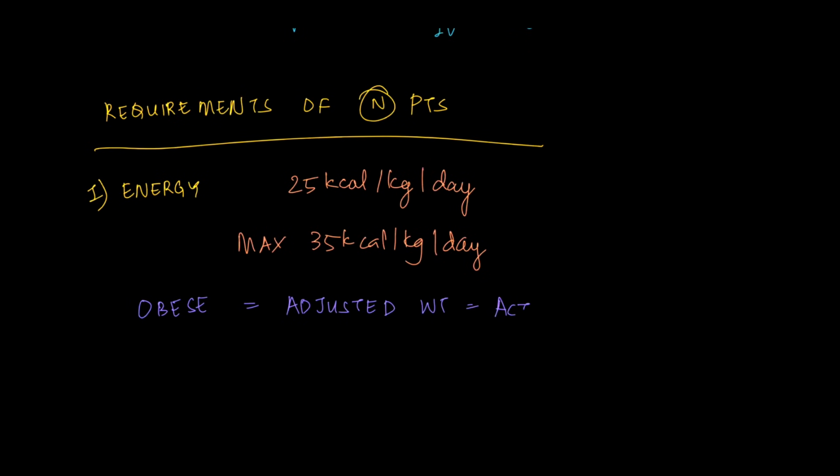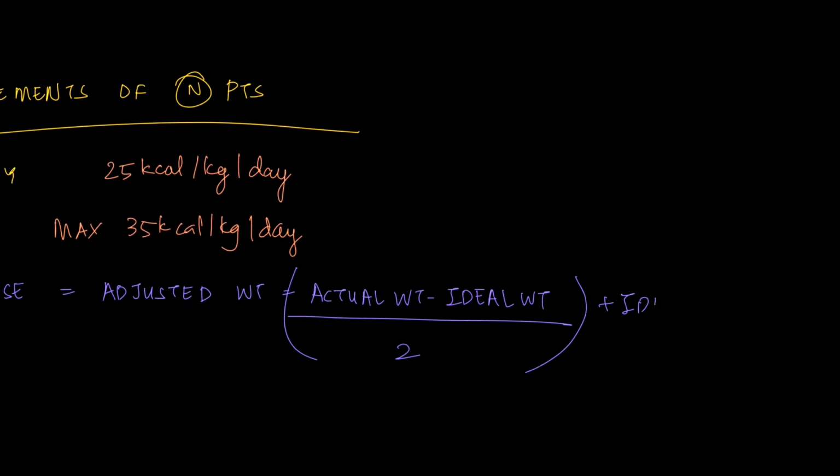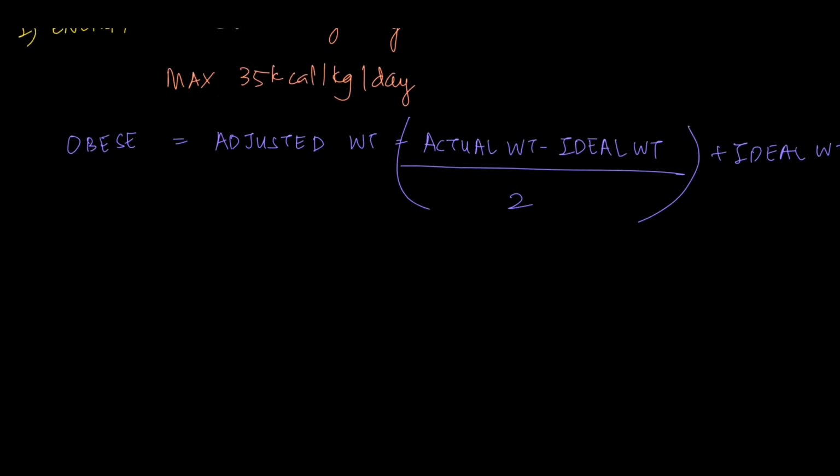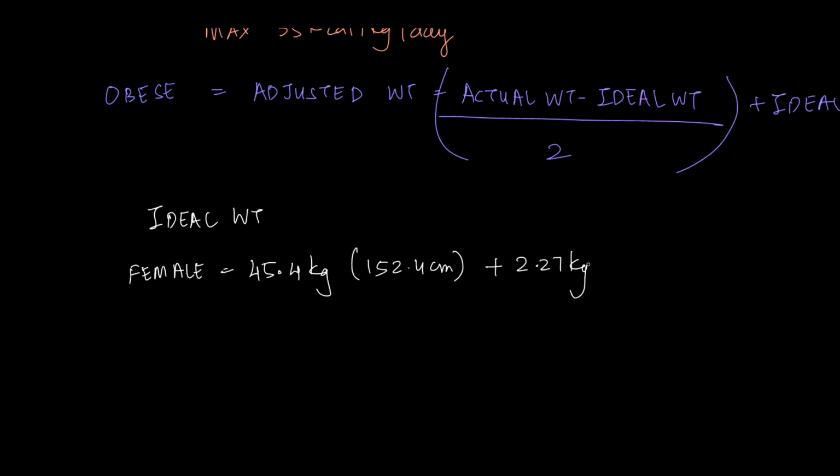which is actual weight minus the ideal weight divided by 2, and add the ideal weight. So the ideal weight would be calculated via the Hamwi equation. For a female patient, it would be 45.4 kg for the first 152.4 centimeter, and subsequently we add 2.27 kg for each 2.54 centimeter.